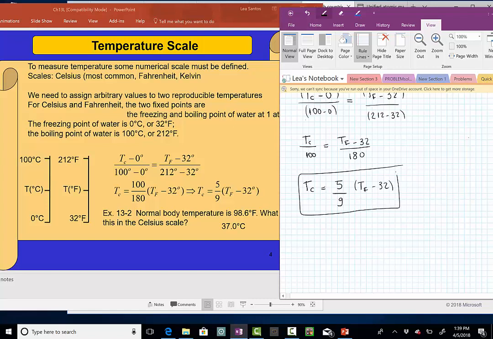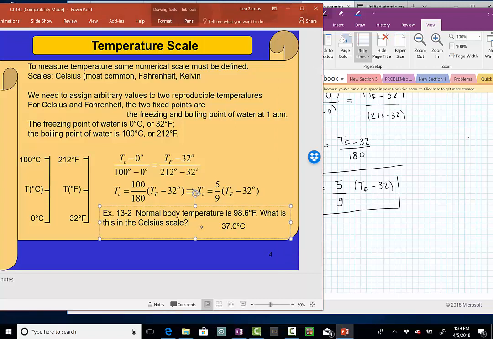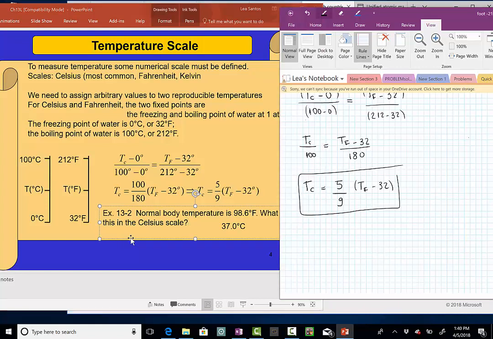So let's see the first problem here. Well, they are telling us that the normal body temperature is 98.6 Fahrenheit, so they're giving us the temperature in Fahrenheit, and they want to know what this is in the Celsius scale. Okay, so you can stop the video now and try to solve this problem. But the idea is very simple here, right?